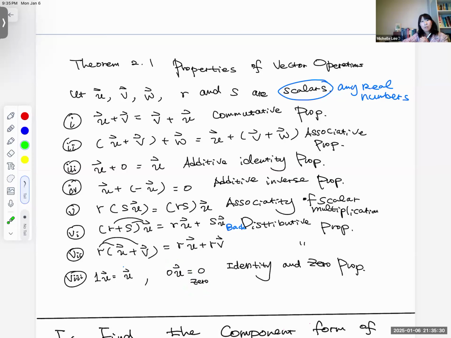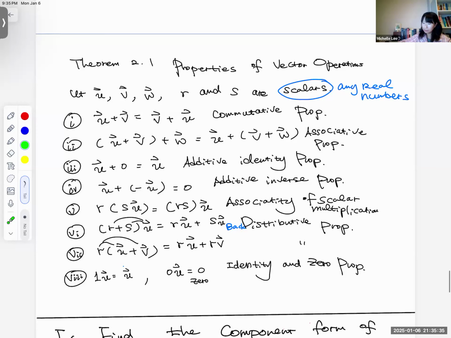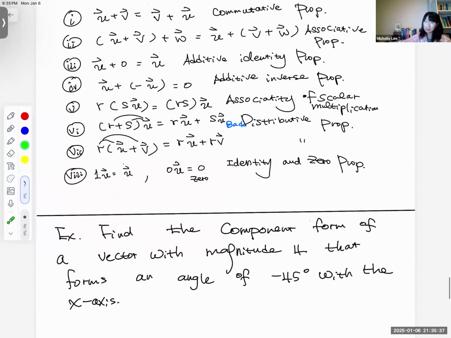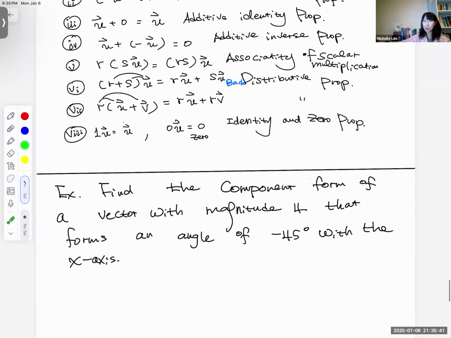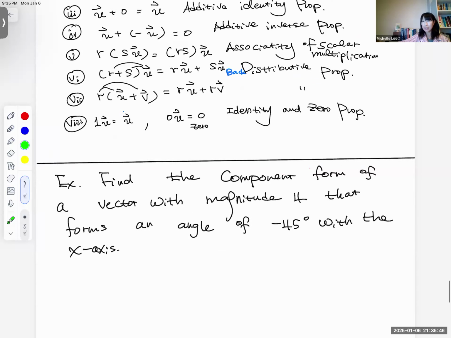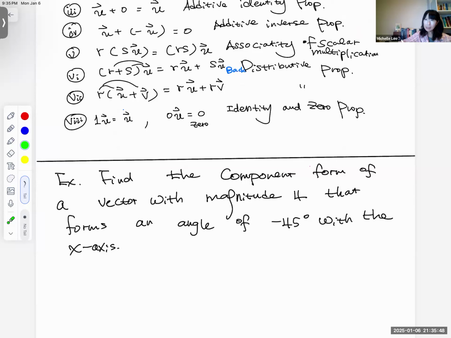All right, so let's do an example. Find the component form of the vector with magnitude 4 that forms an angle of negative 45 degrees with the x-axis, right? Okay, so let's talk about trigonometry.